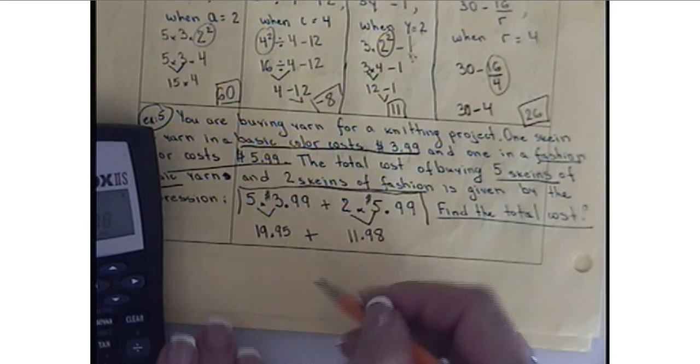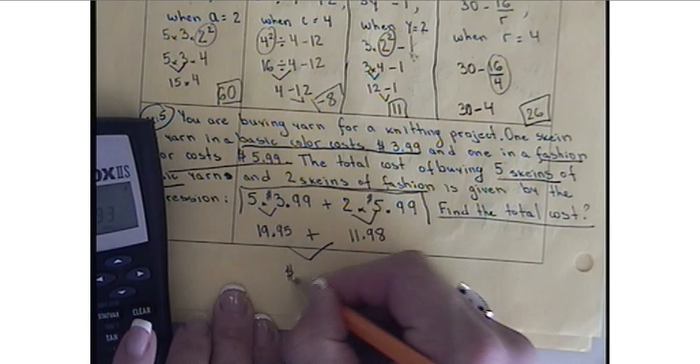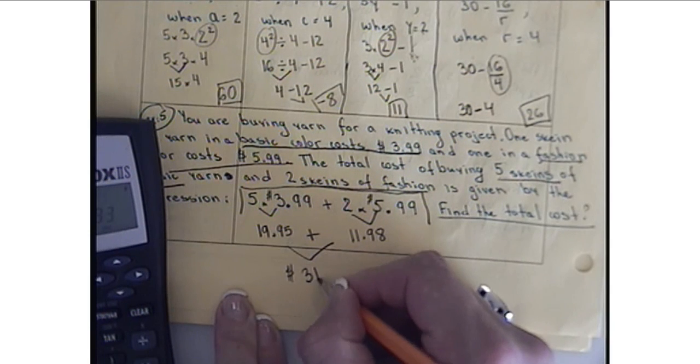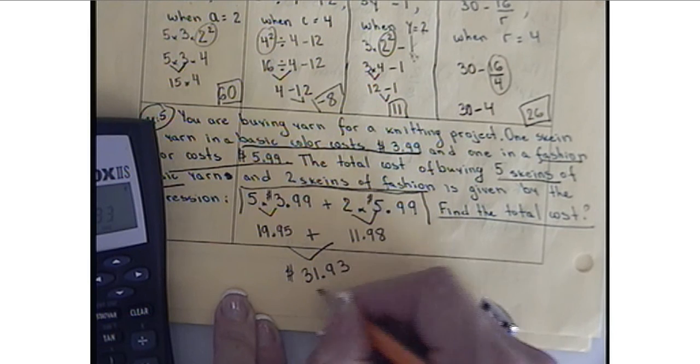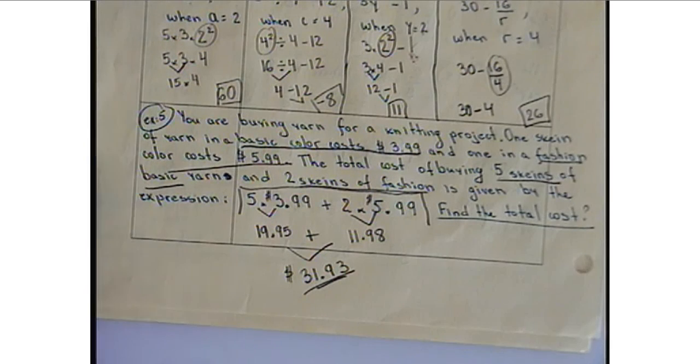And the final step will be to add those two, 19.95 and 11.98, and the total amount that we need to spend is $31.93.